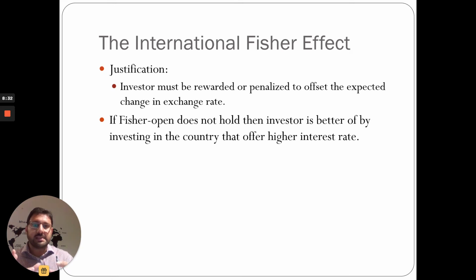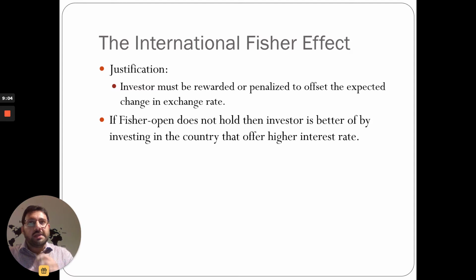Now, if you know the topic of relative purchasing power parity, there was a relationship between the exchange rate and the difference in inflation between the two countries. So from inflation, we link inflation with the interest rate, and now we have linked the difference between the interest rates and the movement of the exchange rate between the two currencies.